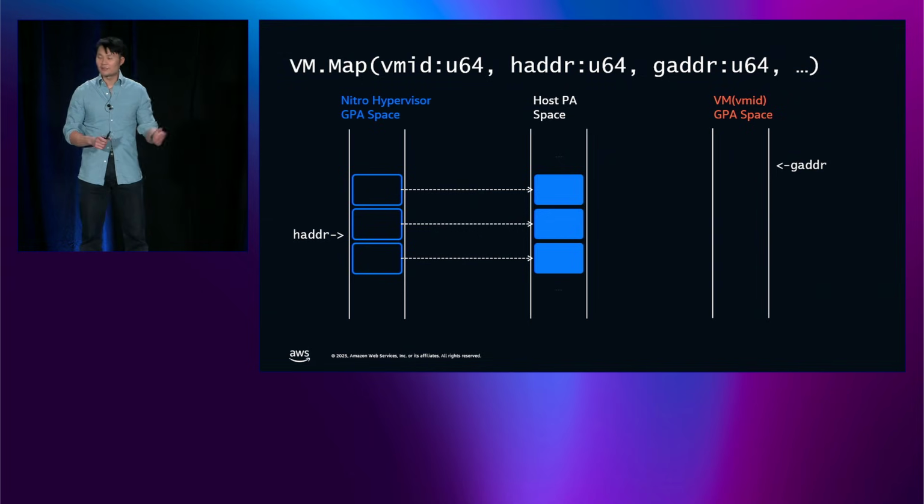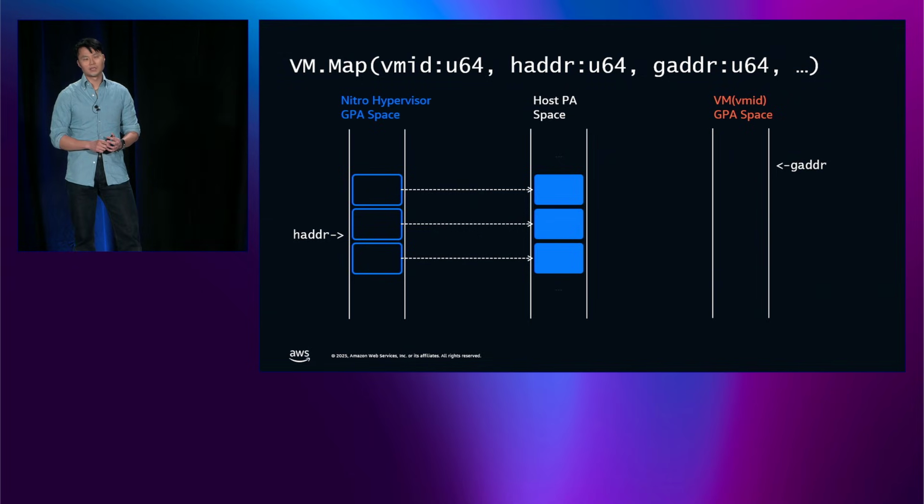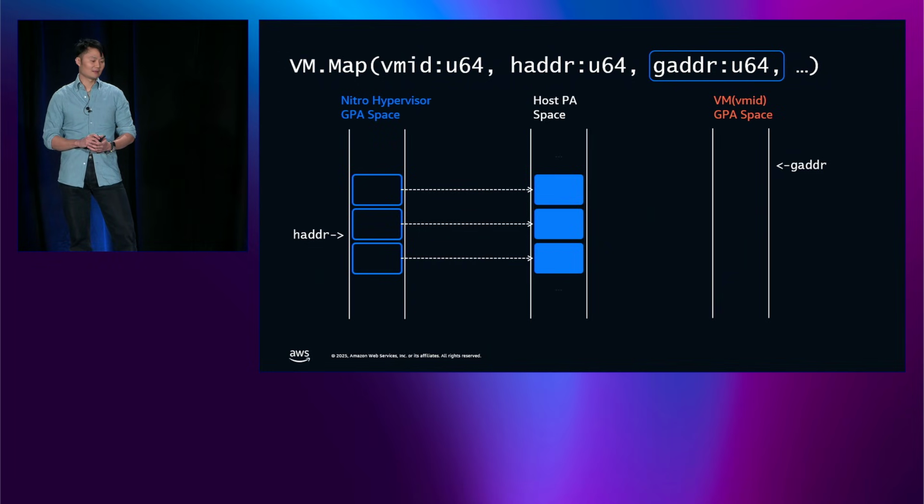We have the host physical address space in the middle. And all of the blue pages are mapped into the Nitro hypervisor's guest physical address space, which is on the left. The hypervisor takes a vmid that identifies a target VM, a host address haddr that specifies a page in the Nitro hypervisor's guest physical address space, and a guest address gaddr that specifies a page or address in the VM's guest physical address space.